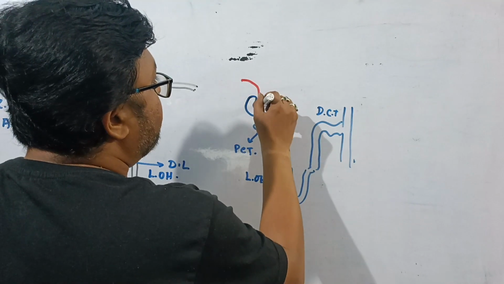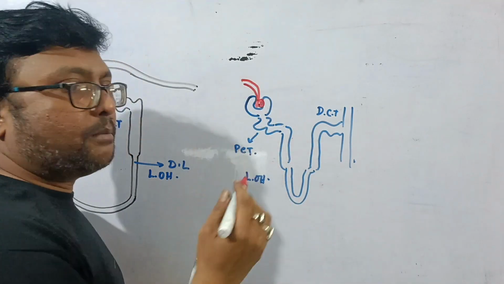জায়গায় efferent arteriole, it enters the cavity of the Bowman's capsule.